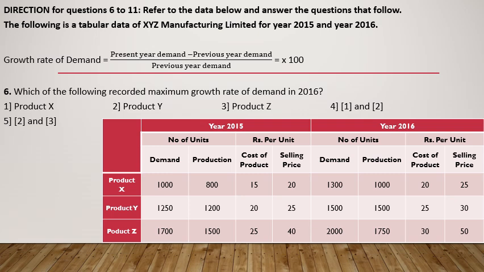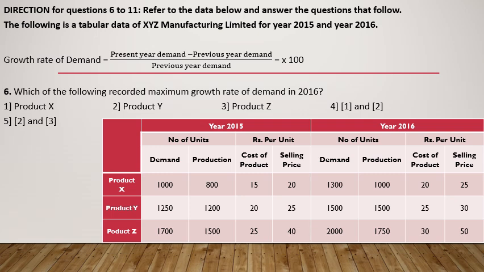That means 1300 minus 1000 divided by 1000 multiplied by 100. So here the value is 30. For product Y, the value is 1500 minus 1250 divided by 1250 multiplied by 100, and if we solve this the answer will be 20.